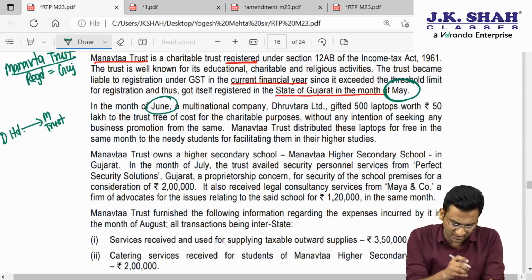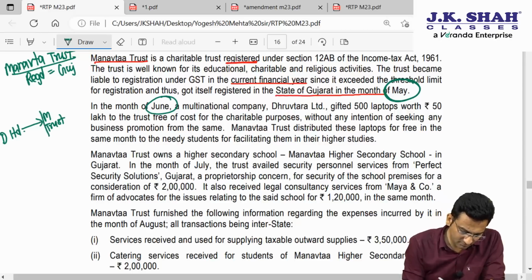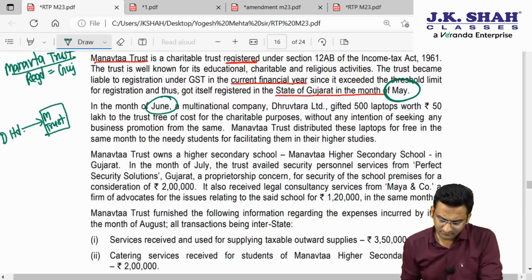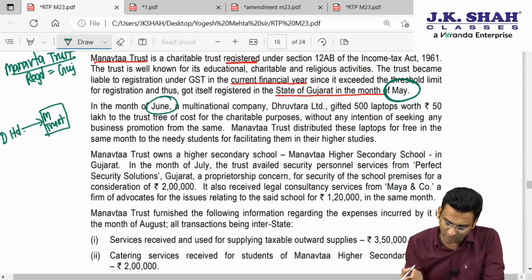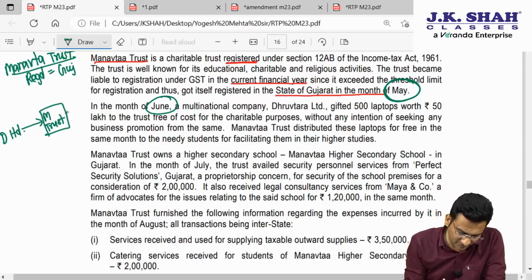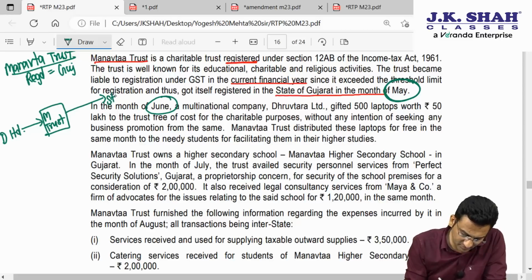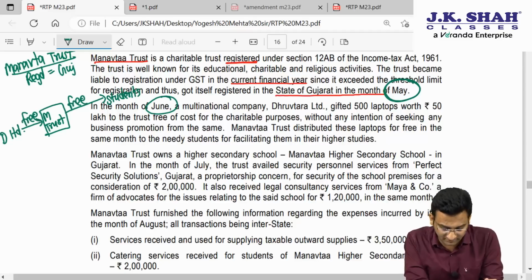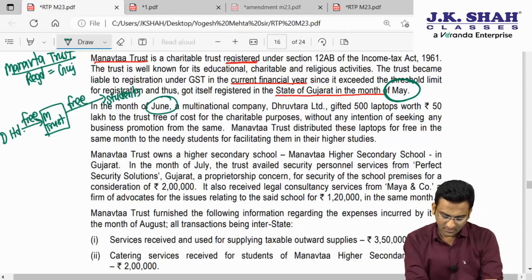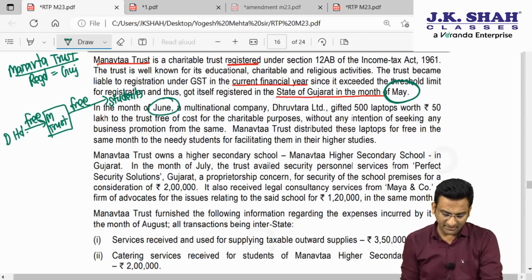And Manavta Trust distributed these laptops for free in the same month to the needy students. So this is given in the second paragraph.